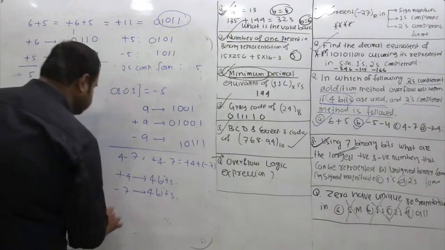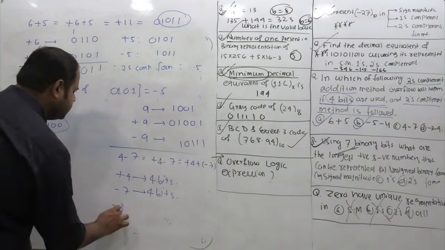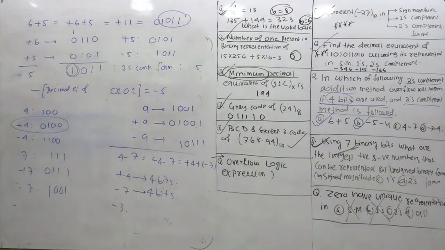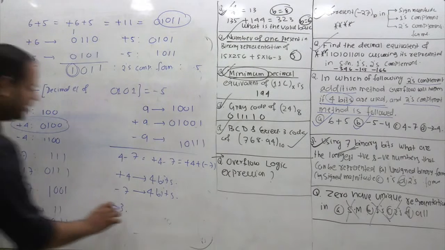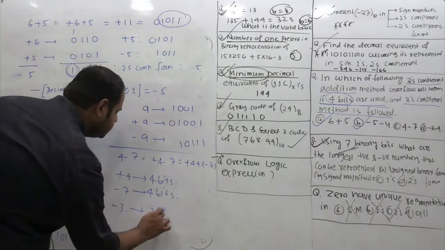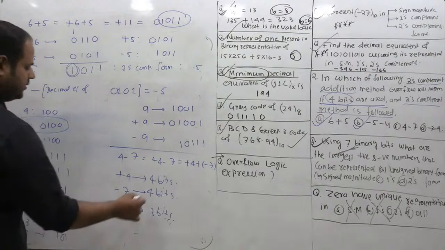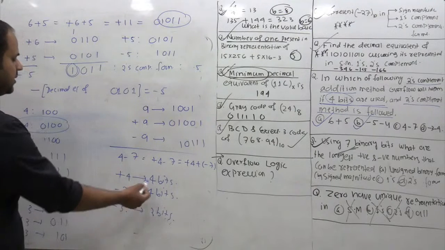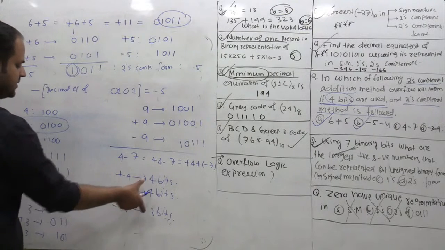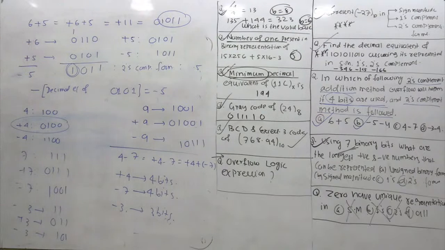But what is the expected answer? 4 minus 7 is -3. 3 is 11, +3 is 011, and -3, if you take the 2's complement of this, is 101. So I need a minimum of 3 bits. Your answer is expecting 3 bits and you are already using 4 bits, so obviously in this case you are not going to get any overflow.